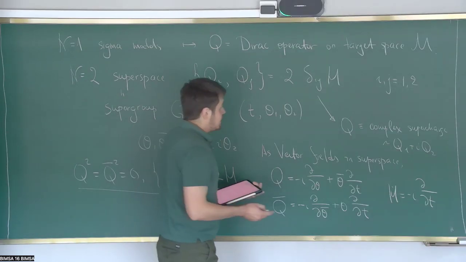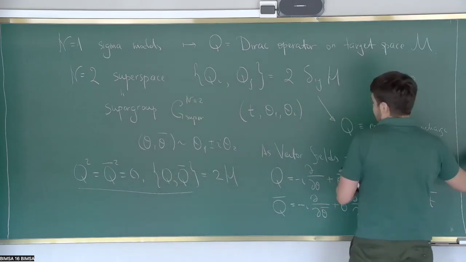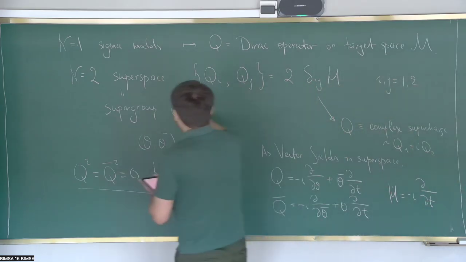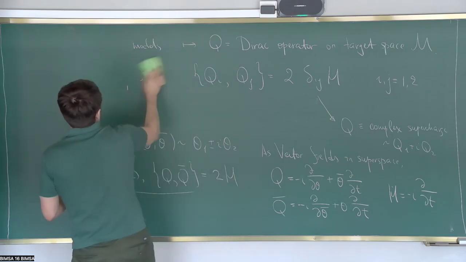Okay, and then there are the right vector fields, which are the superderivatives. Let's write them out.